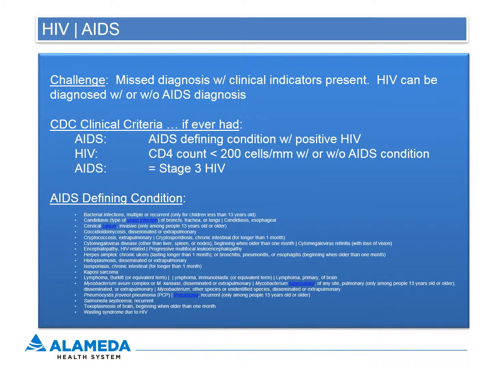Bacterial infections, yeast infections, cervical cancers that are invasive, coccidio, that's disseminated or extrapulmonary, cryptococcus, that's extrapulmonary, cytomegalovirus, encephalopathy, progressive multifocal leukoencephalopathy, herpes simplex, chronic ulcers, histoplasmosis, Kaposi's, lymphoma, salmonella, toxoplasmosis of the brain, and some wasting syndrome can also be due to AIDS. So these are all AIDS defining conditions. There are some hyperlinks here to get even more details than that.